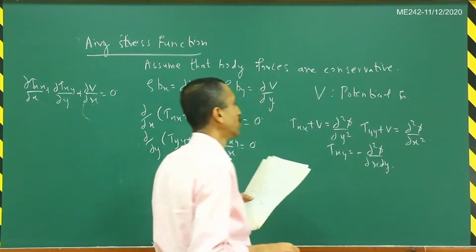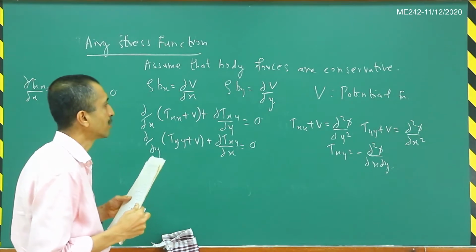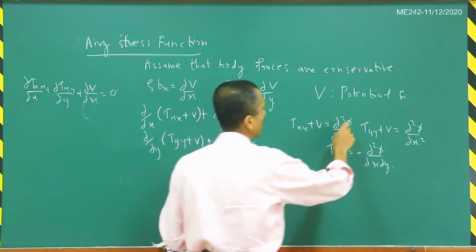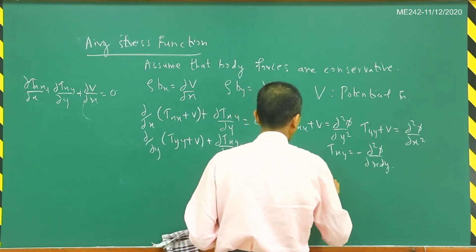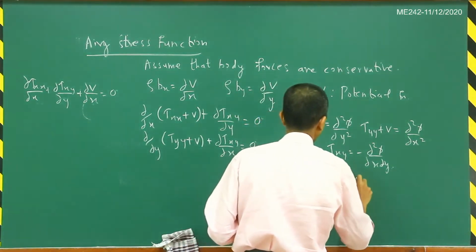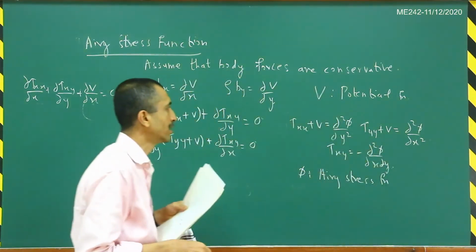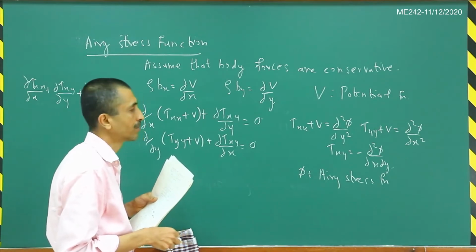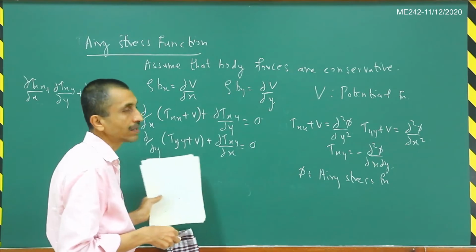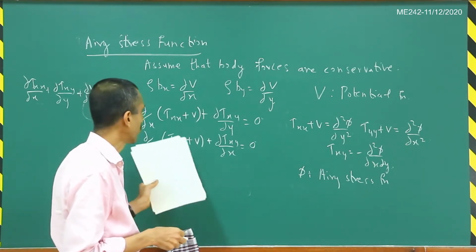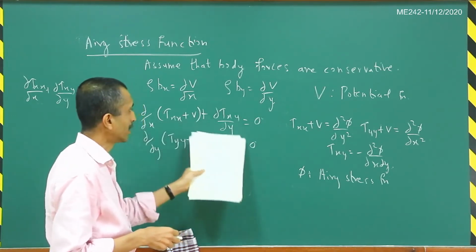Here phi is the Airy stress function. If you write the stress components in this way, you can substitute and easily verify that the equilibrium equations are automatically satisfied.